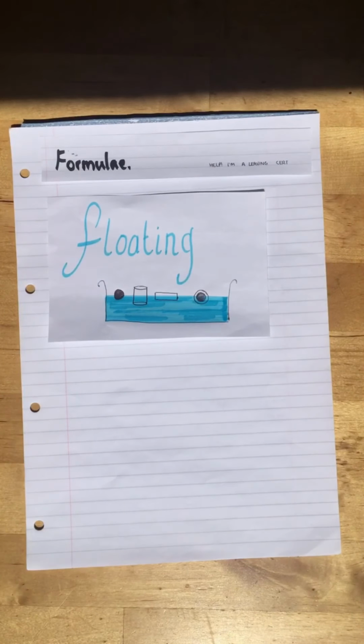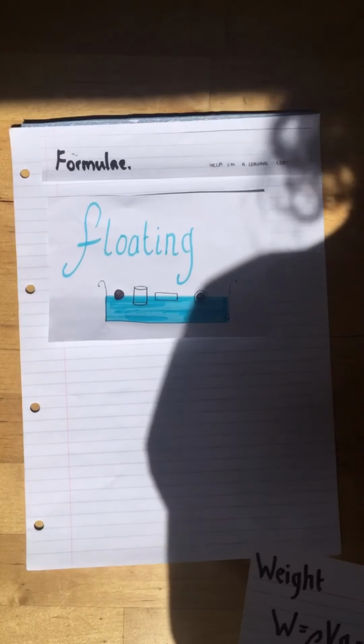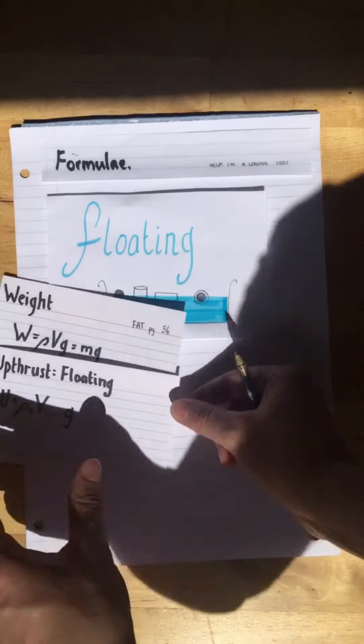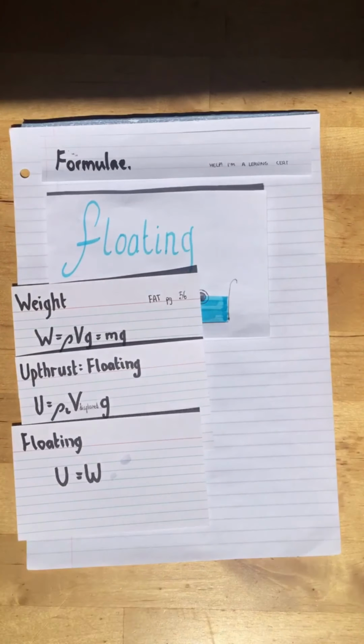And since we're using weight, we're going to use our really handy formula on page 56 of our formulae and tables, which is that weight is equal to density of the object by the volume of the object by gravity. So here are all our formulae for floating questions: weight, upthrust, and U is equal to W.